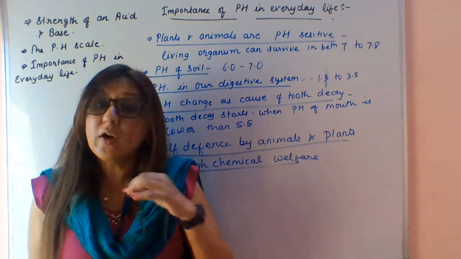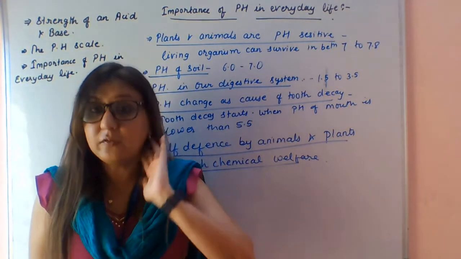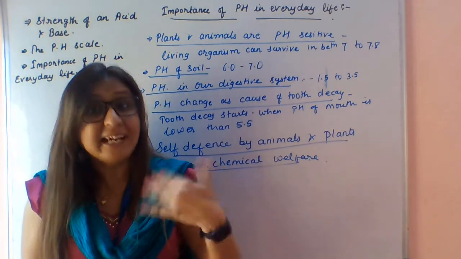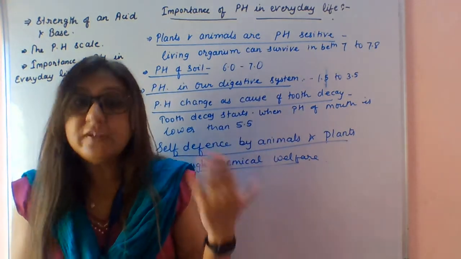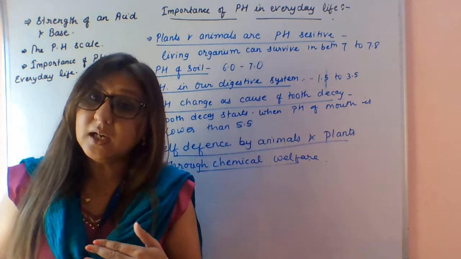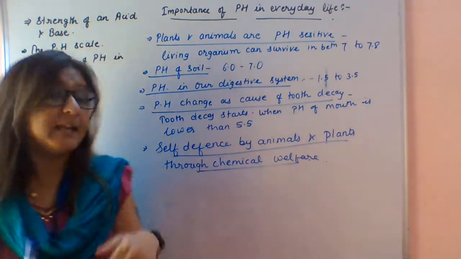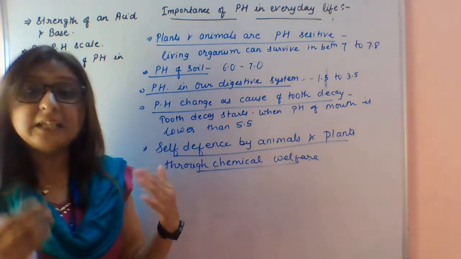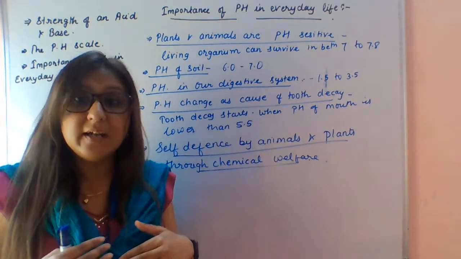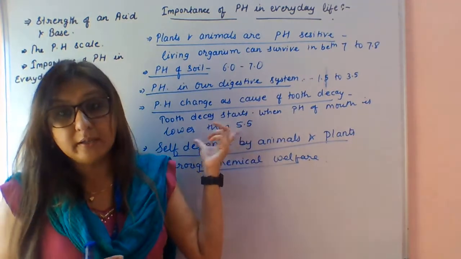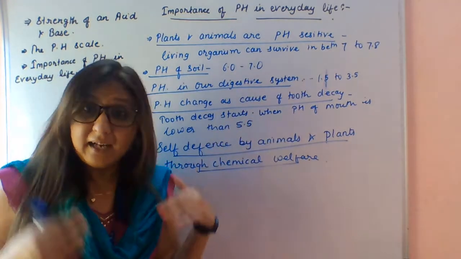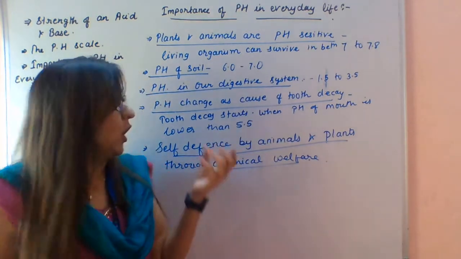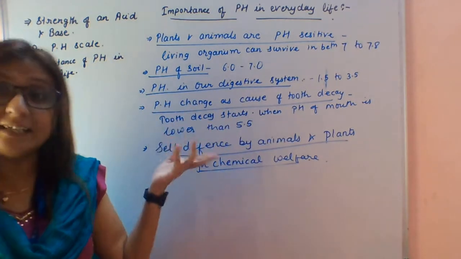You are eating food and not cleaning it, so whatever remains in your mouth starts degrading, due to the bacteria. Then the pH value of the mouth gets lowered to below 5.5, so the teeth will start decaying.